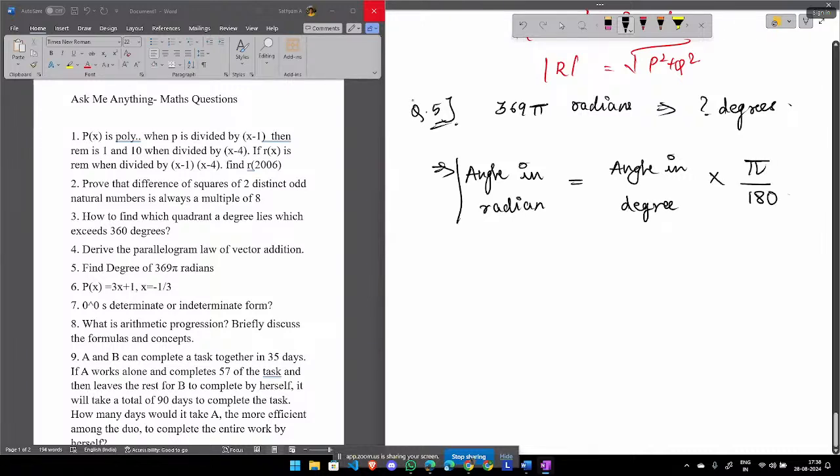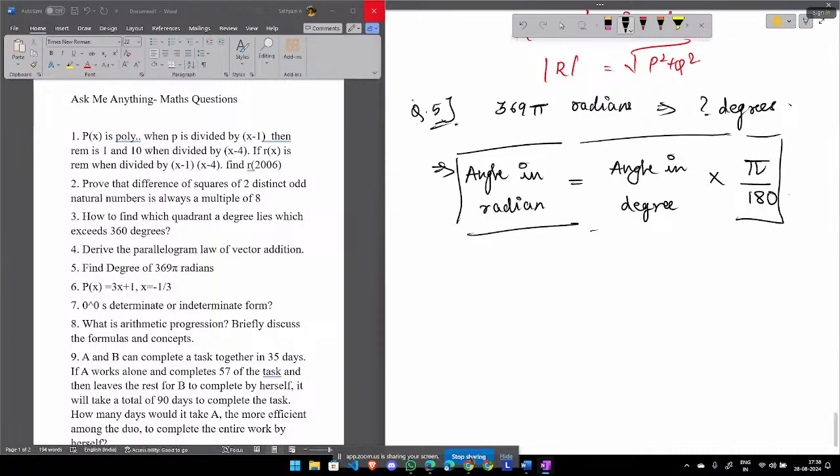This is a very basic formula, not some heavy logic. Angle in radian is equal to your angle in degree into pi upon 180. And pi here is the standard 22 upon 7 or 3.14.